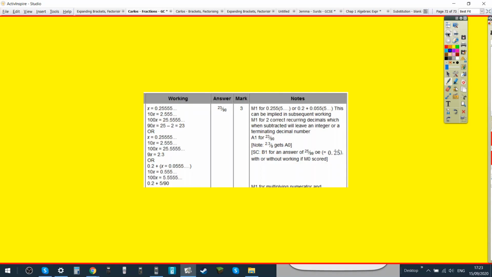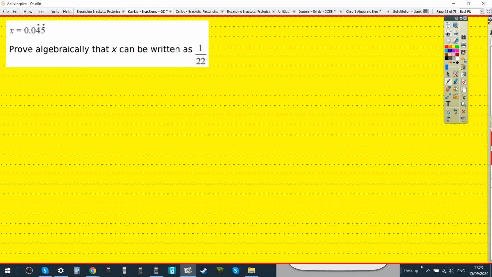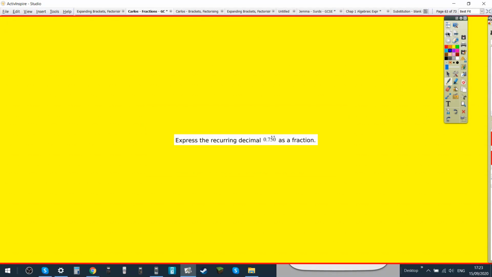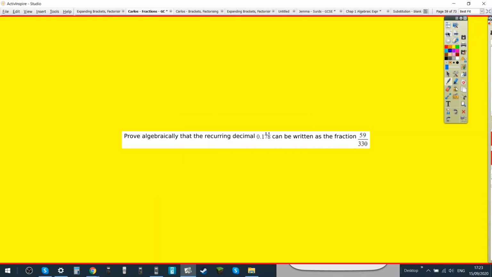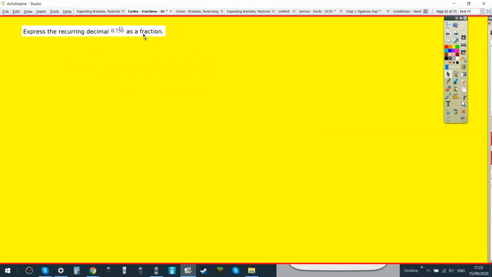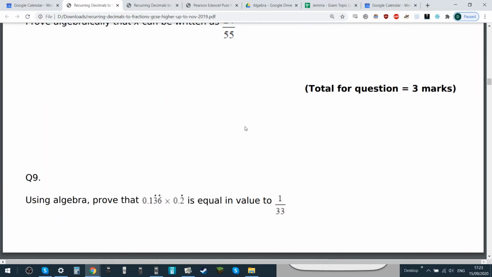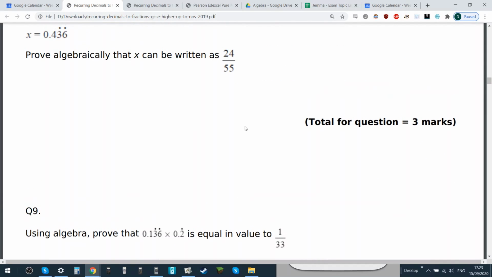Same. Let me go back. That's got 2 recurring. I just want to pick one that looks difficult. I think this one might be the most difficult. Actually, let me check my sheet. I might have a few extra questions on this.